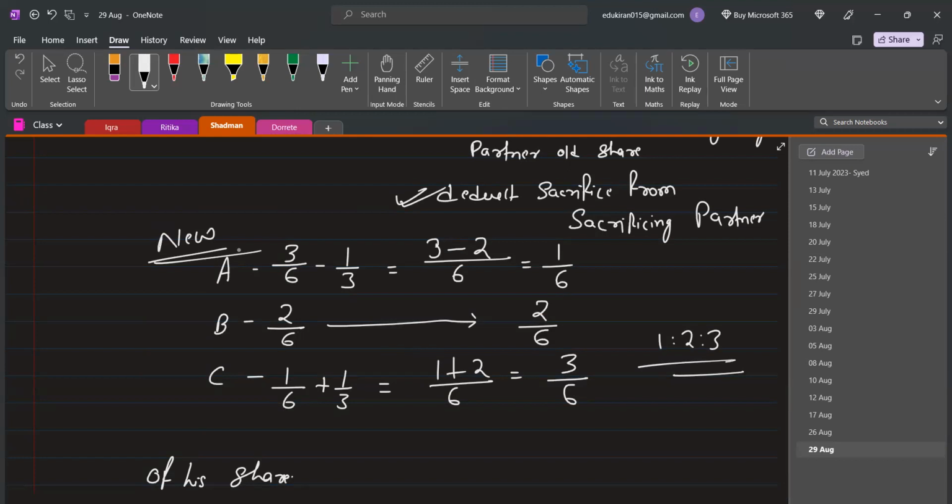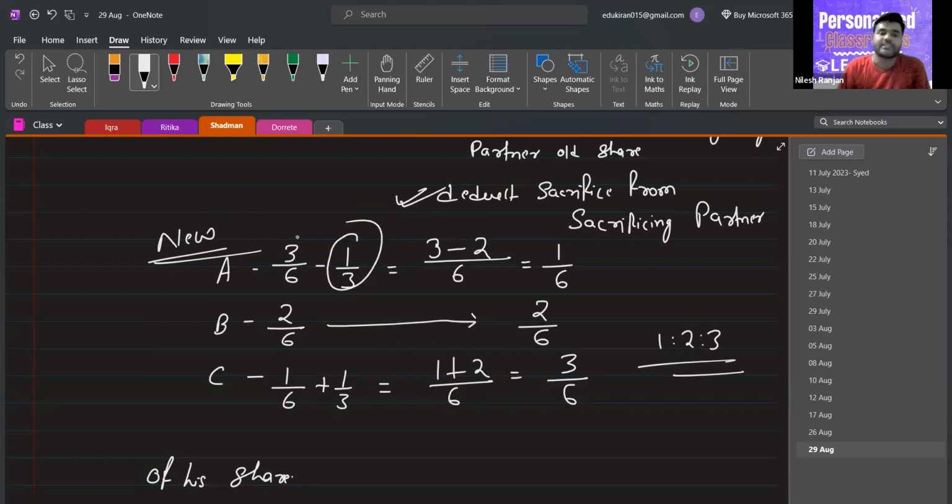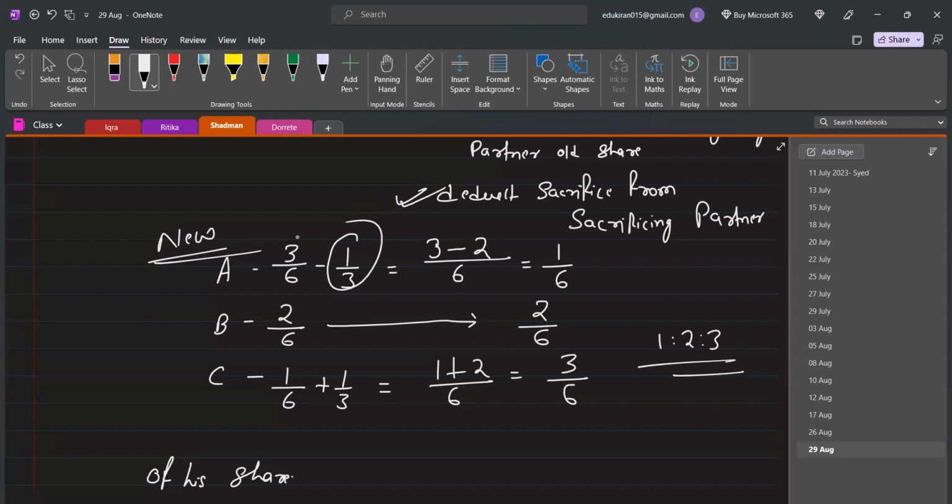Because there was no sacrifice to calculate here, because it is given in the question. When "from his share" is given in the question, then the fraction given in the question is called sacrifice.